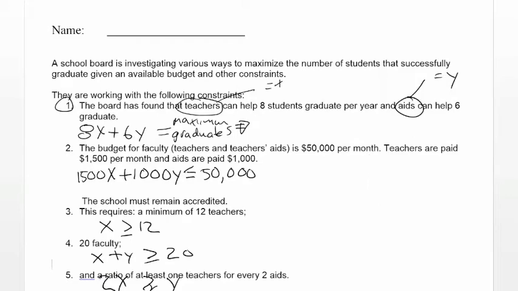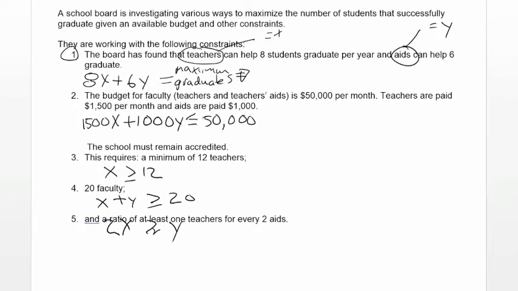Now let's convert each of these equations into the slope-intercept format so that it'll be easier to graph them. So trying to get y by itself on one side, we get 6y equals minus 8x plus the maximum graduates, or y equals minus 4/3 x plus max over 6.